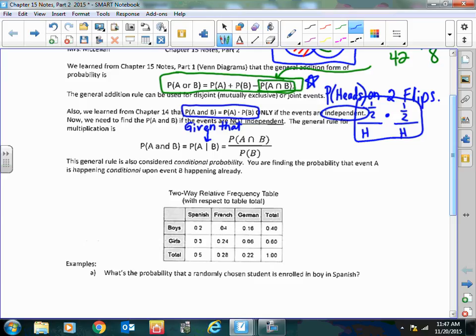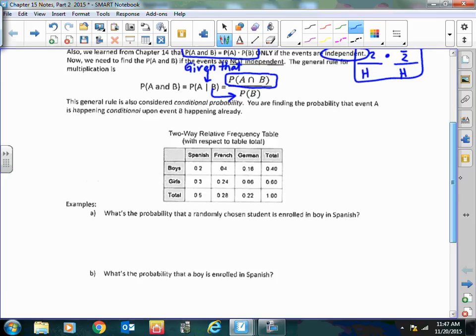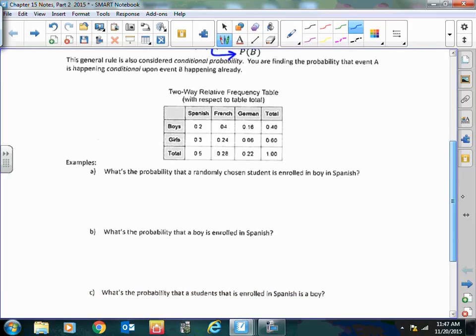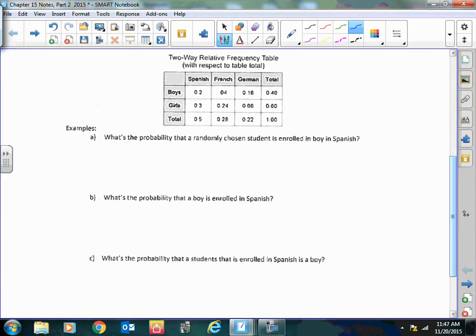I am only saying, okay, given that B has happened, out of the B portion of things, what is that section? That is the A and the B together, and that is here. Okay, and then to do the A and B, you would multiply the A times that set there. So we're going to be dealing with this formula, and I want to demonstrate that more concretely down here in these problems below. So let's go ahead and take a look at those.